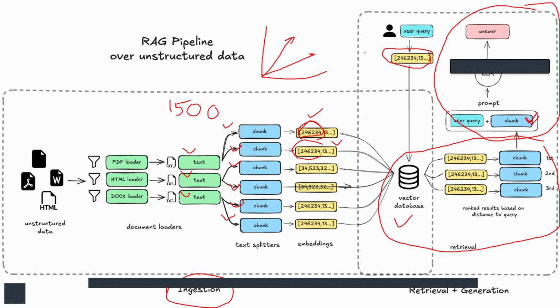So my question is also converted into a vector. The similarity search will happen in this database. I will find, okay, these three vectors or chunks are closest to my question. Those will be selected, and then the user question which he asked earlier, along with these chunks, will be sent to my LLM.